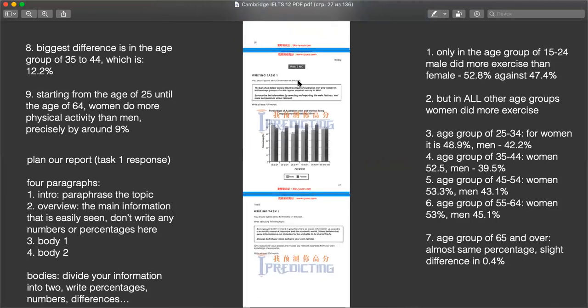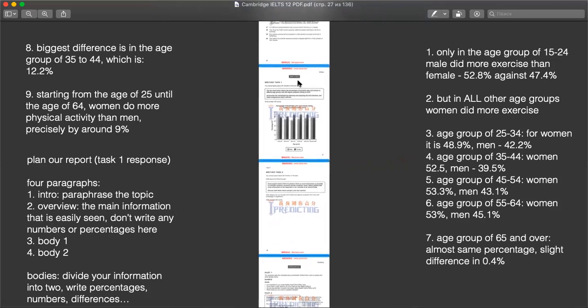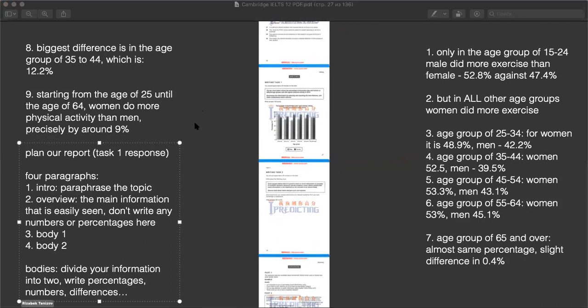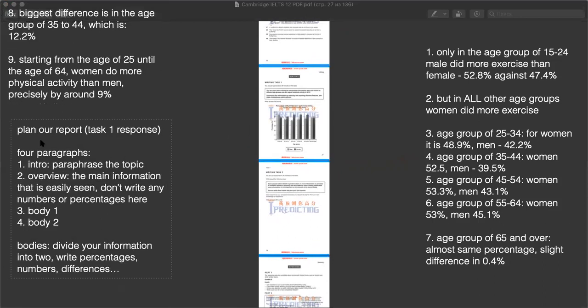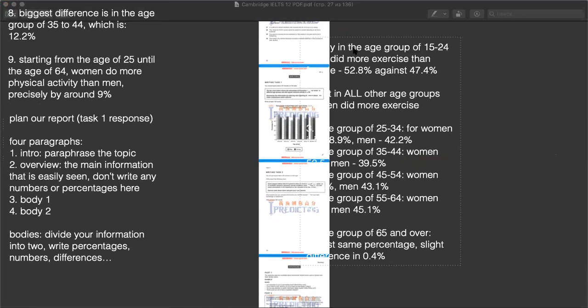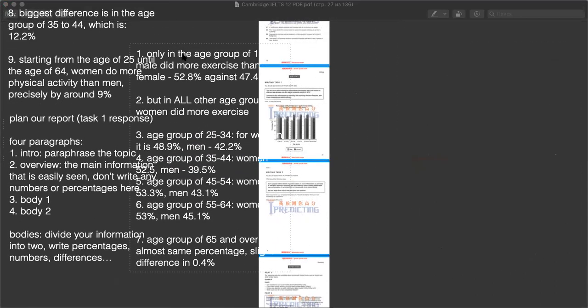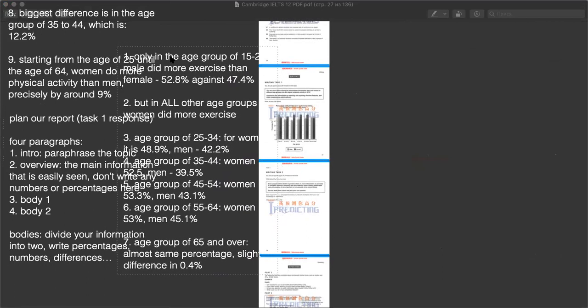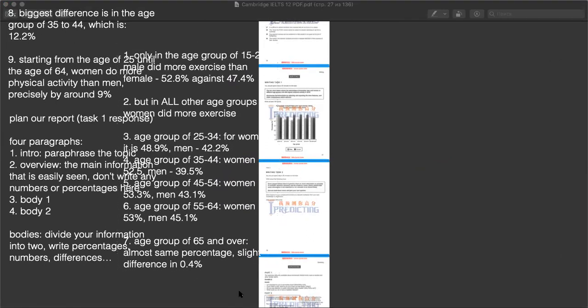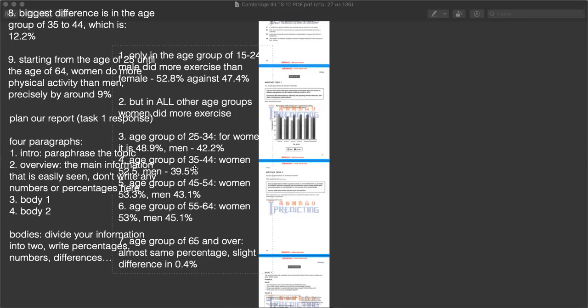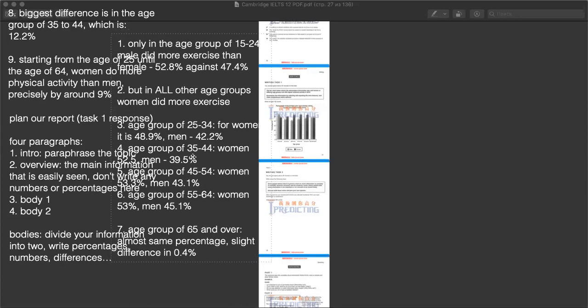Let's do it like this, and it'll give us some space, right? Okay, kind of okay. So we're just going to copy these things. Now I'll show you the example.